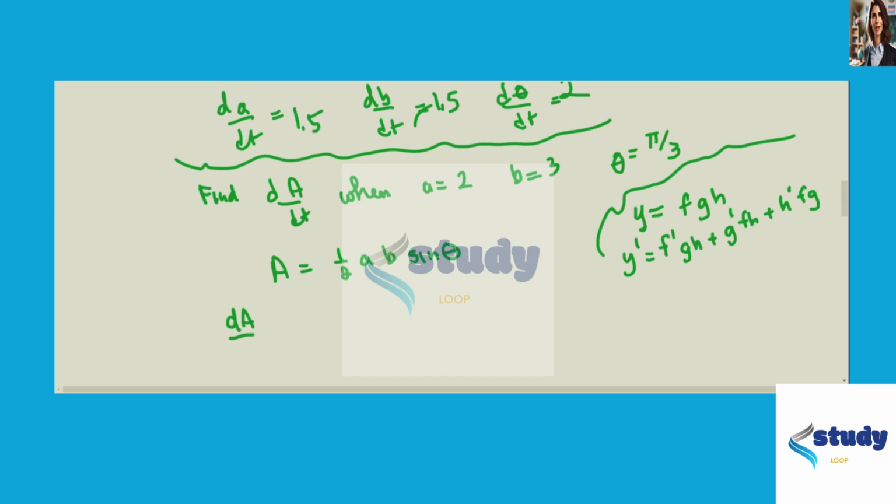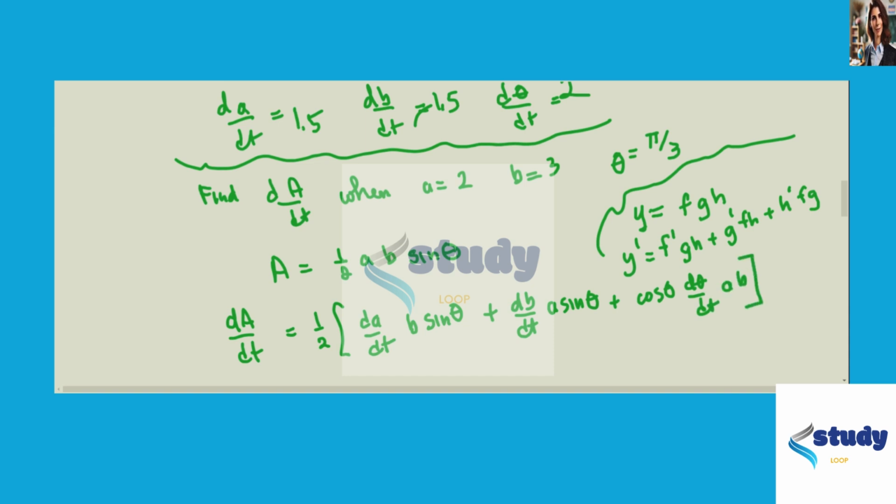dA dt equals, okay, the 1/2 is just going to be out in the front there. Okay, the derivative of the first thing, that's dA dt, times the other 2, plus the derivative of the middle thing, that's dB dt, times the other 2, plus the derivative of the third thing, which is cosine theta d theta dt, times the other two things.